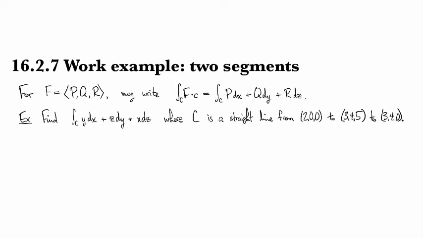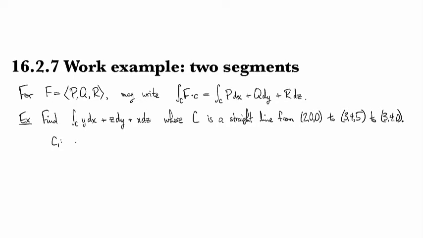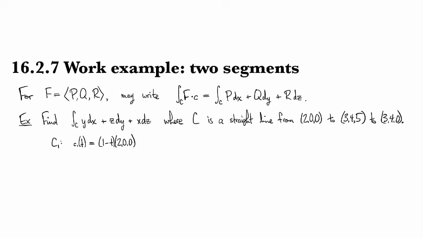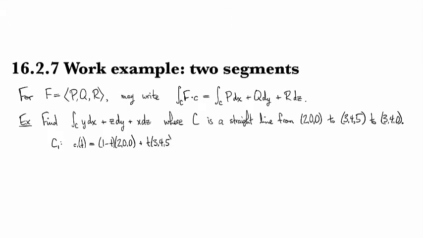What are we going to need to do? As usual, we'll need to set up our parameterization. So I'm going to have C1 be the first curve. C1 of t is going to be parameterized by, and let's see, we need to go from 2, 0, 0. So I start with 1 minus t times the point that I'm starting at, 2, 0, 0, plus t times the point that I'm finishing at, 3, 4, 5.